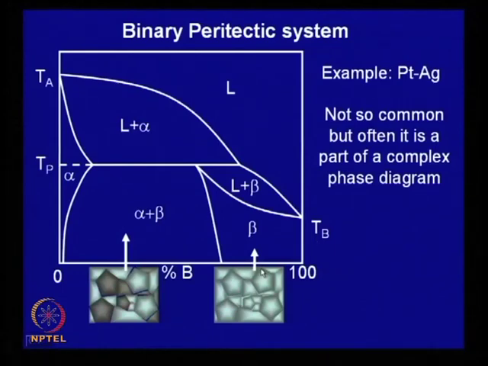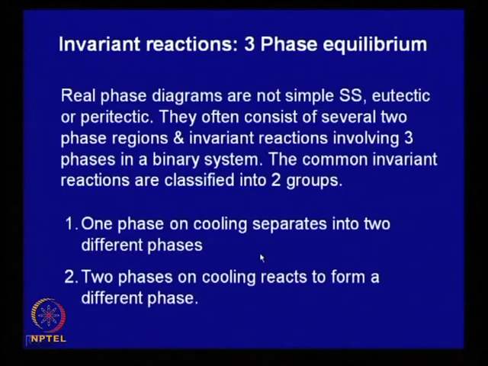And now, let us look at, we have looked at two types of invariant reaction. Say one is a eutectic, where liquid dissociates into a mixture of two different phases, two distinct phases having different physical and mechanical properties, their crystal structure like alpha and beta.